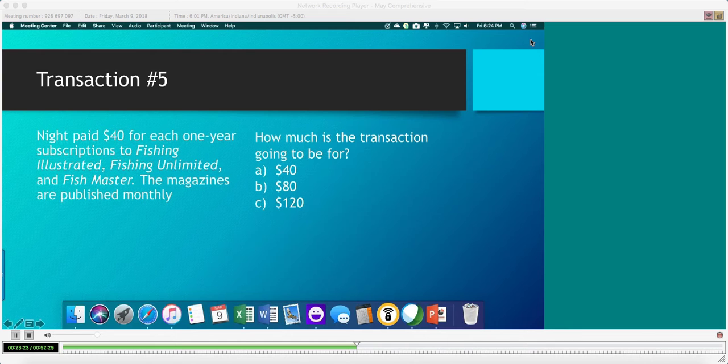So how much is our transaction going to be? We're going to use prepaid subscriptions in cash. Exactly. A lot of times students are in a hurry, they don't read clearly, they see the number 40 and they go, "Oop, that's the number."